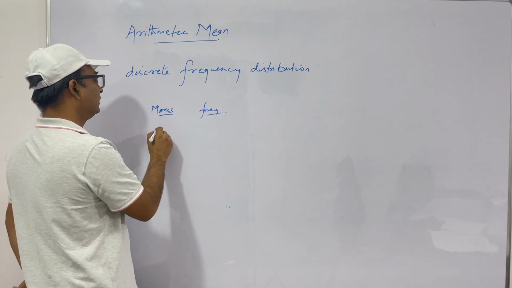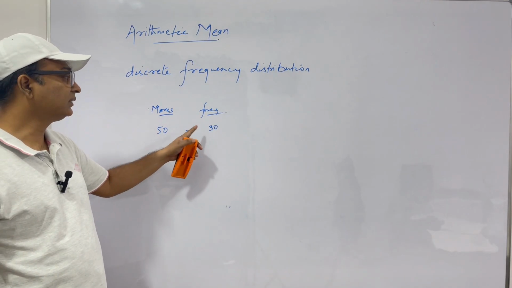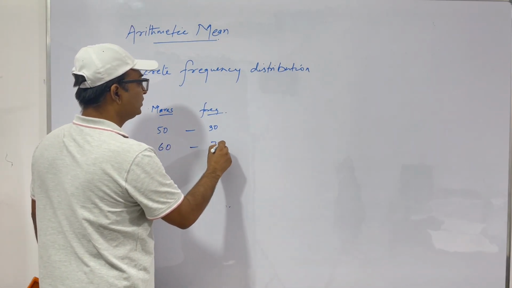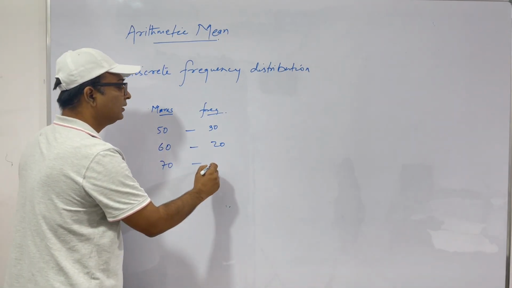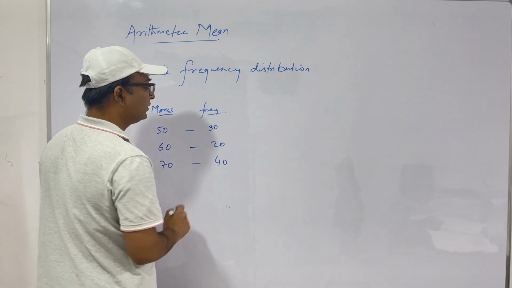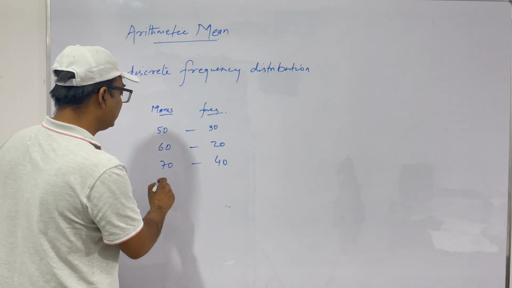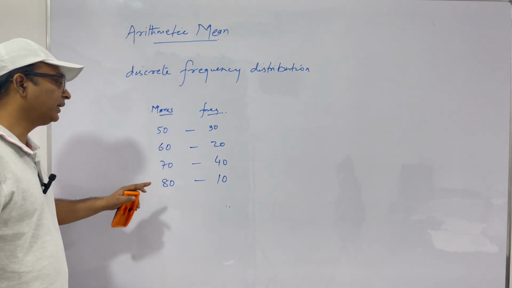Let's say 30 students have obtained 50 marks. Let's say 20 students have scored 60. Then 40 students have scored 70. So this is 30 plus 20 plus 40, 90, and remaining 10 students have scored 80.